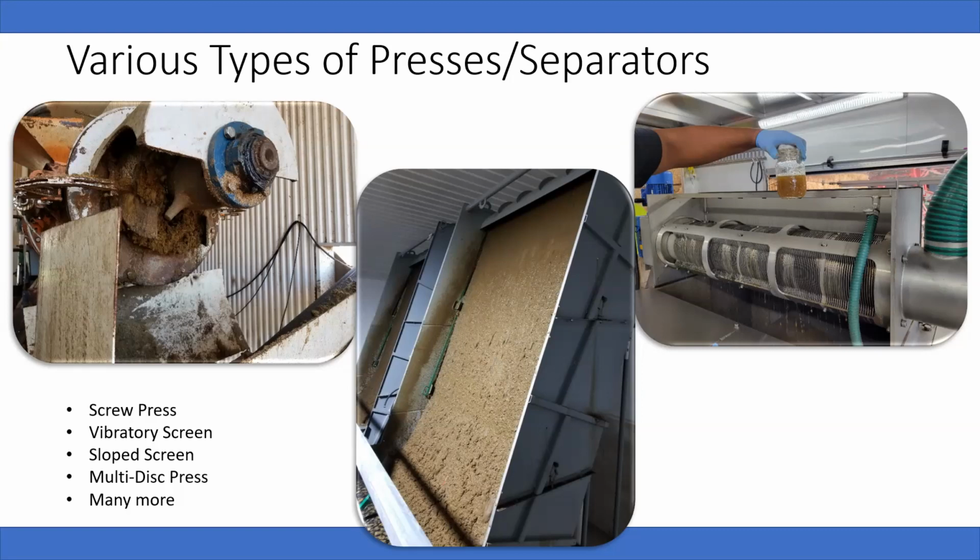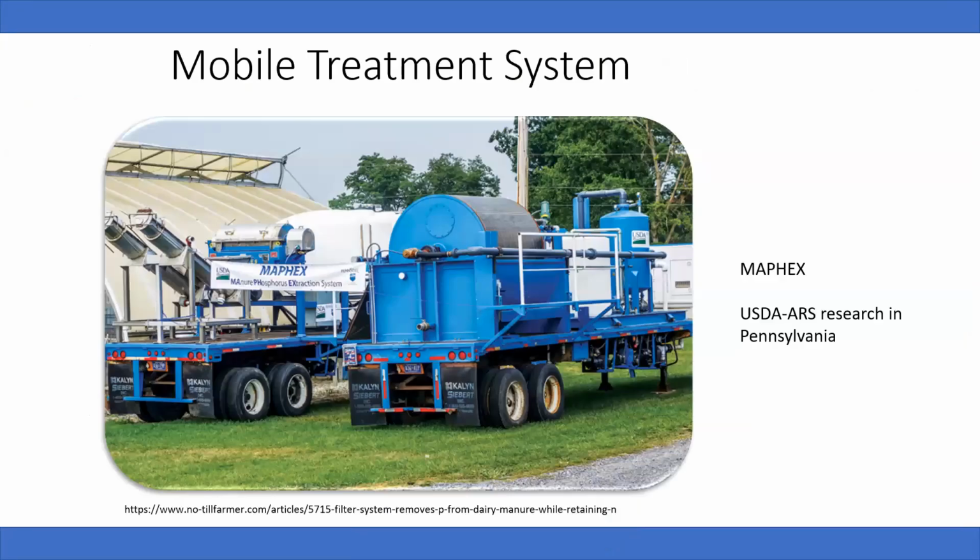But if you're not using polymers, you're not going to capture a lot of the phosphorus. You're taking out some of the organic material in a solid form, but most of the phosphorus is going to go through the liquid portion after using these types of separators without any chemicals. Next slide.